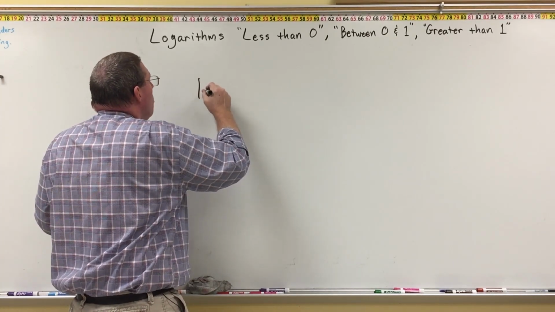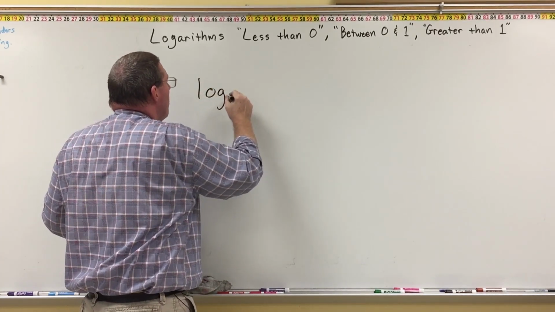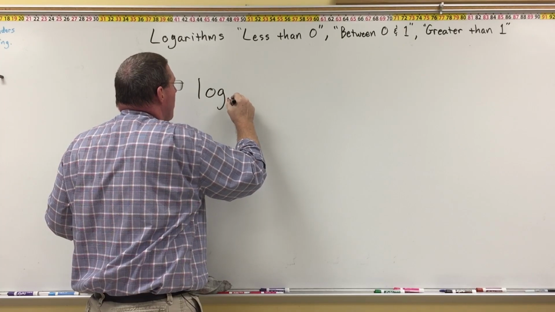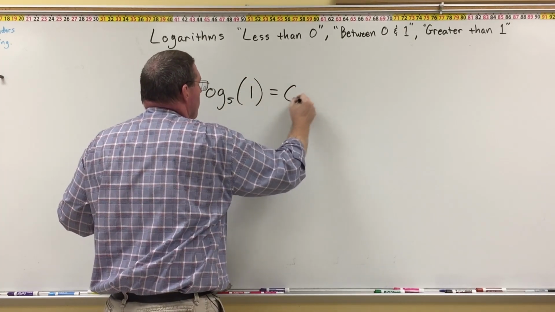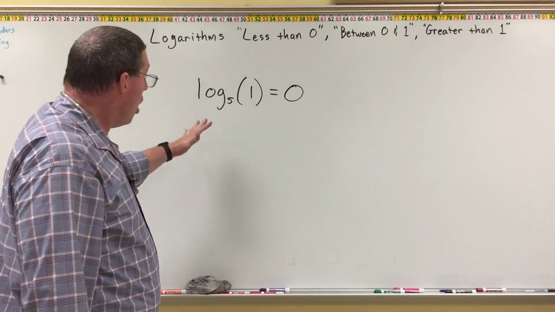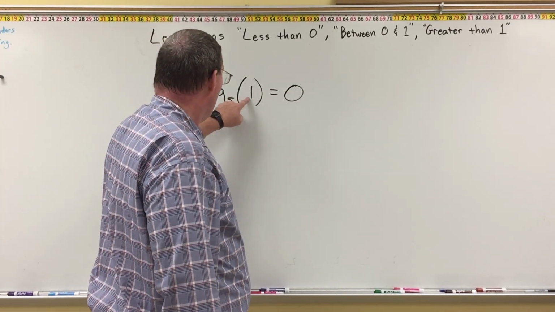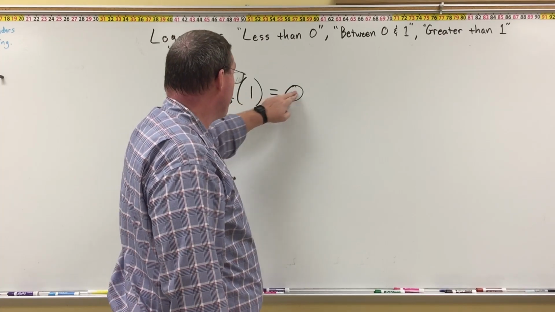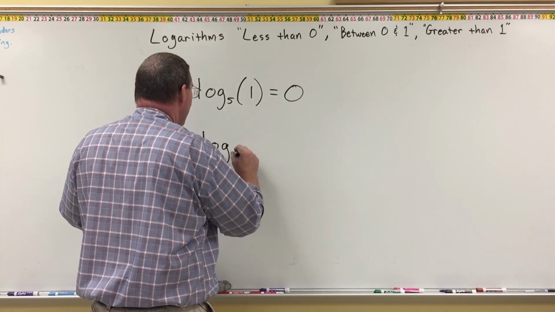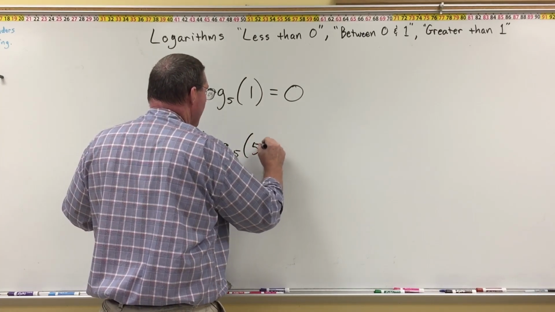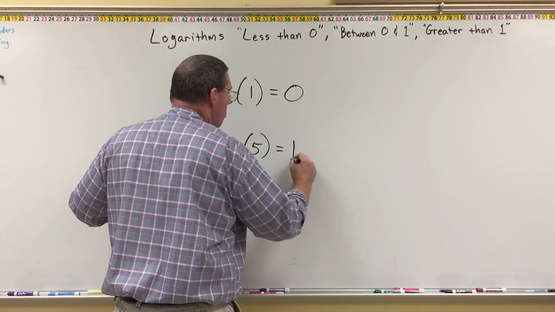For example, we know that log base 5 of 1 is equal to 0, okay? So knowing that when there's a 1 in here, it's equal to 0, and then we also know that log base 5 of 5 is equal to 1.